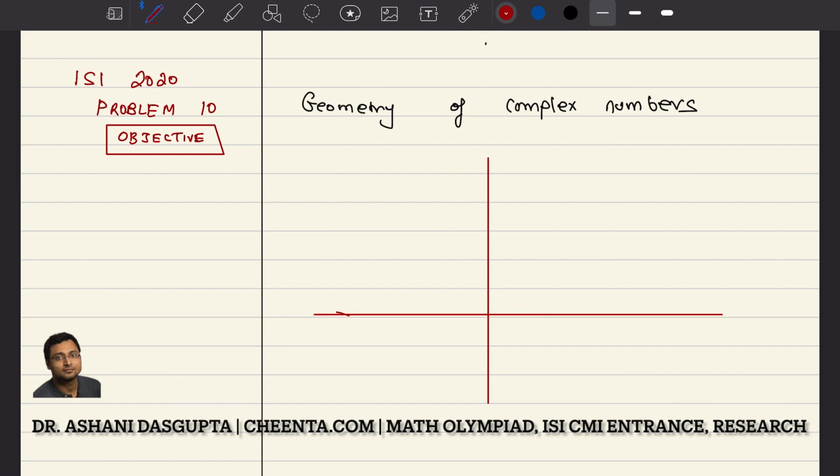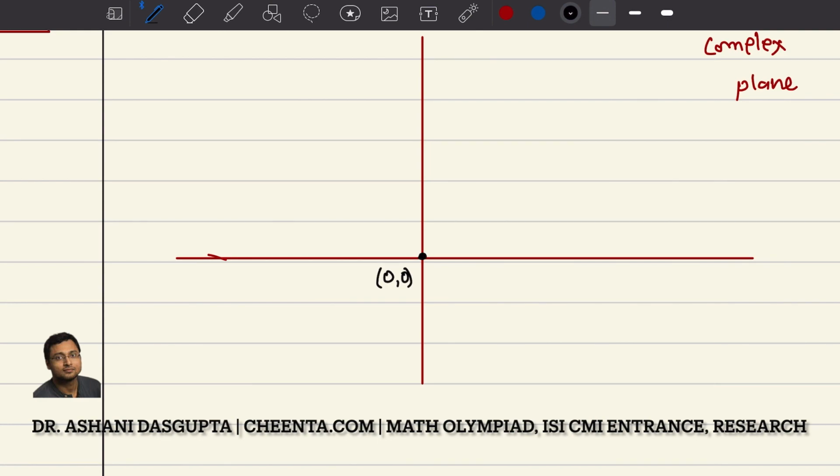Suppose this is the complex plane or the Argand plane, or if you wish it's just the xy plane. This is the point 0, 0, the origin. And I'll draw two circles.